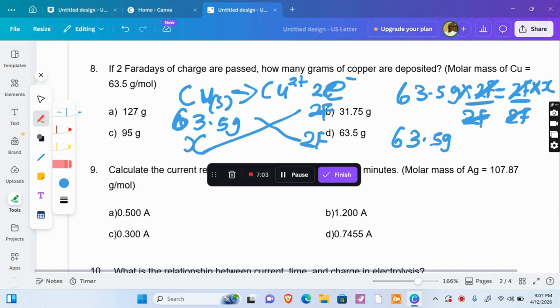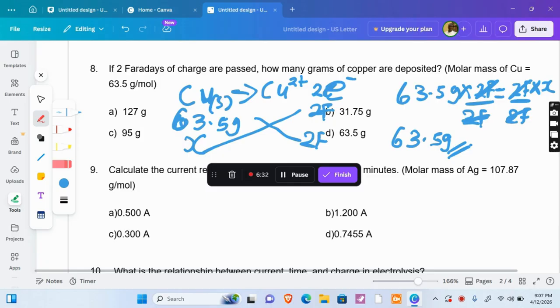It's like that because normally copper loses 2 electrons, and that's 2 farads. So that's why there's no change. I hope that's clear. You can pause the video, look at it again, and try to get what I've just explained. So the mass of copper that will be deposited by 2 farads of charge is 63.5 grams.